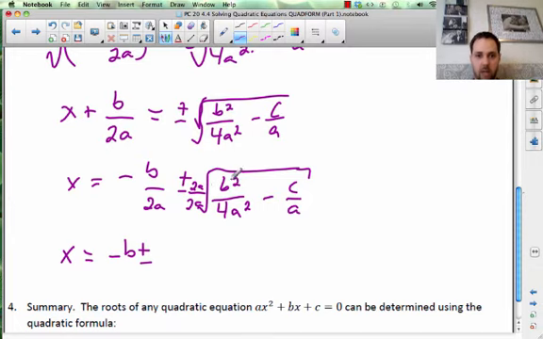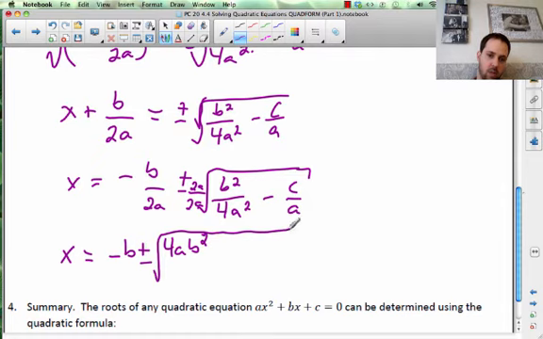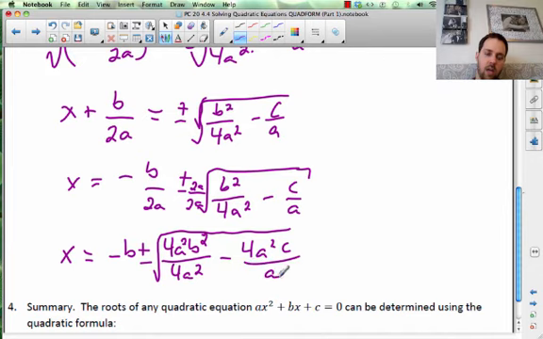So when you put it in, it has to be squared. So it will go 4a squared b squared, and of course this is under the roots, over 4a squared, minus 4a squared c over a.